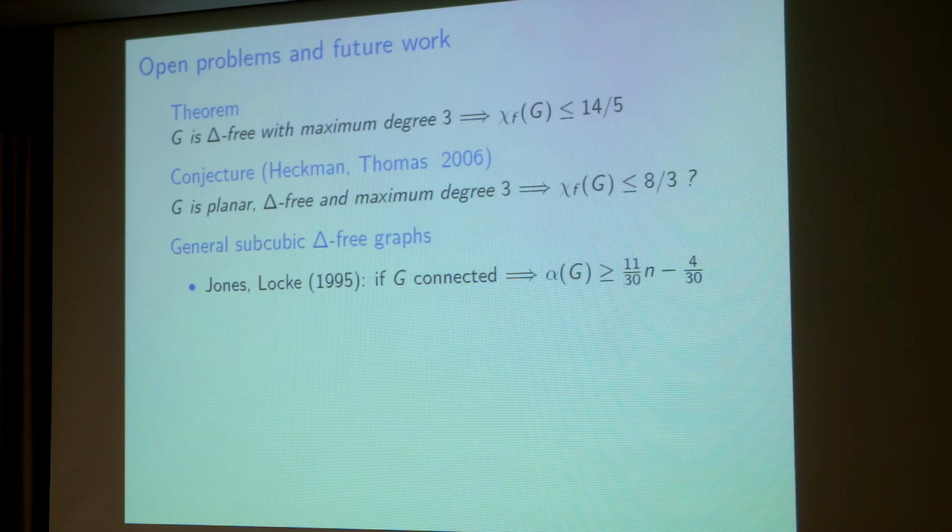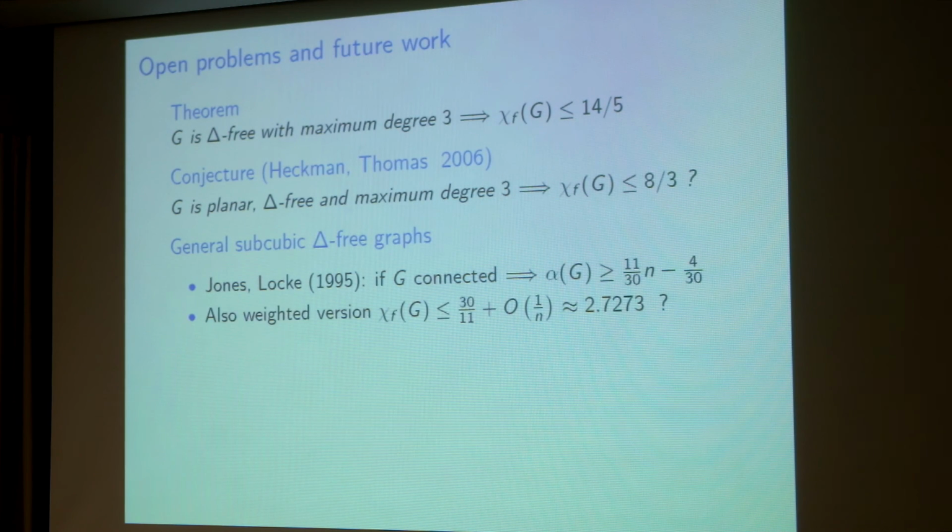However, even in the non-weighted case, Jones and Locke in 1995 showed that if you have a connected graph G and you look at its independence number, then, if you allow me some lower order error, the fraction is bigger than 5 over 14. Actually, it's 11 over 30. And also, if one just plugs the numbers in, it shows that whenever you have at least 15 vertices and your graph is connected, you can do a little bit better than 5 over 14.